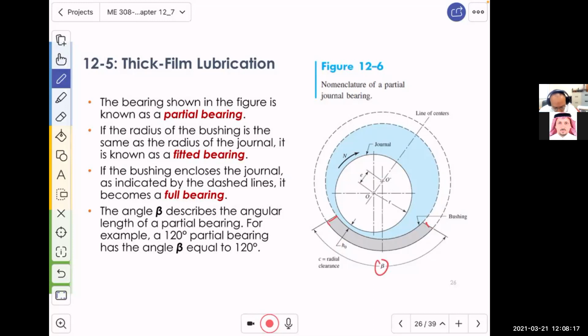If the radius of the bushing is the same as the radius of the journal, it is known as a fitted bearing. If the bushing encloses the journal, as indicated by the dashed lines, so it covers it all up, then this is called a full bearing. The angle beta describes the angular length of a partial bearing. Like this one, for example, it could be 120 degrees.